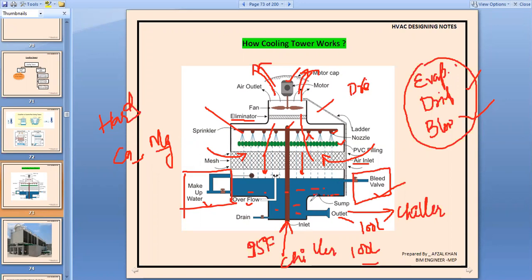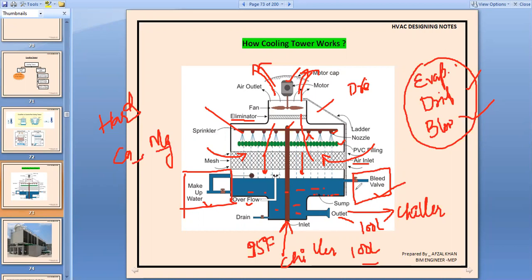If we do not remove this calcium and magnesium hardness, the water will become harder day by day, which will lead to corrosion, erosion, and so on. It will impede the heat transfer inside the coils. So it is important to remove this calcium and magnesium hardness.